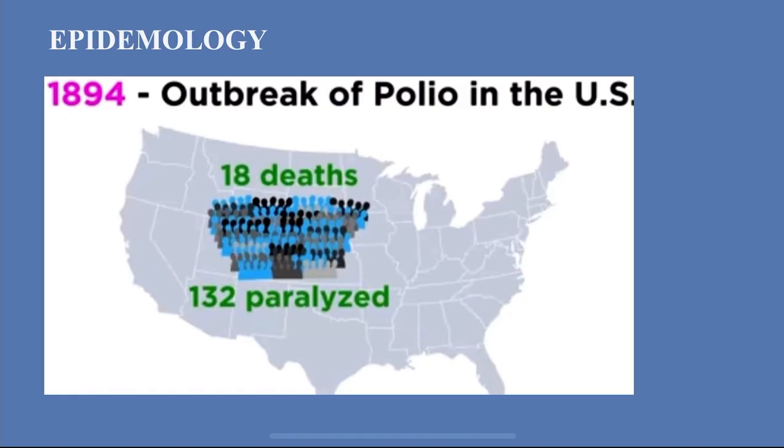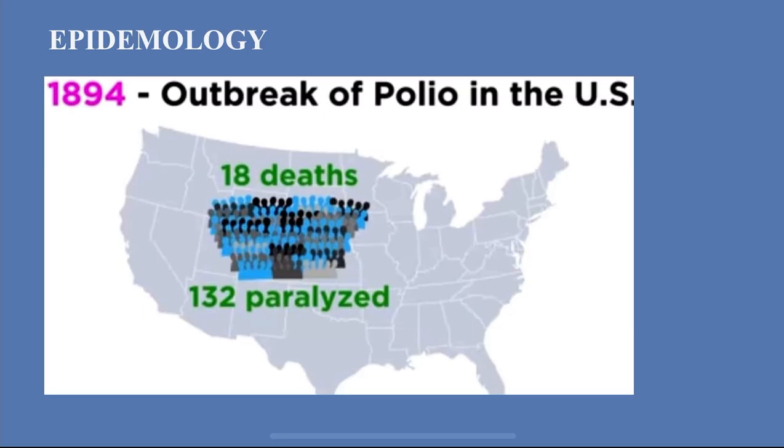Now, we move further to the epidemiology. Let us discuss the outbreak of polio in the US. In 1894, there was the first outbreak of polio in the United States, which reported 18 deaths and 132 paralyzed patients.